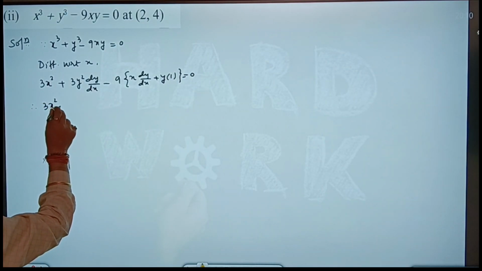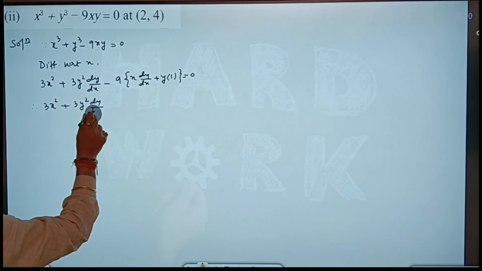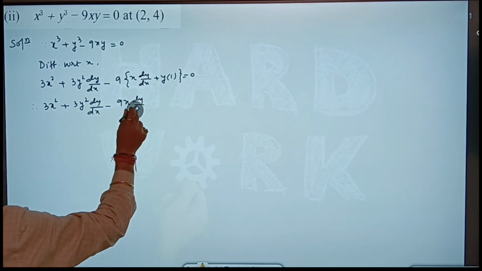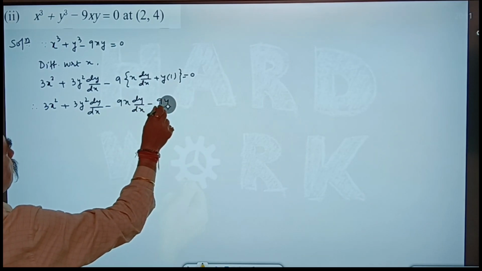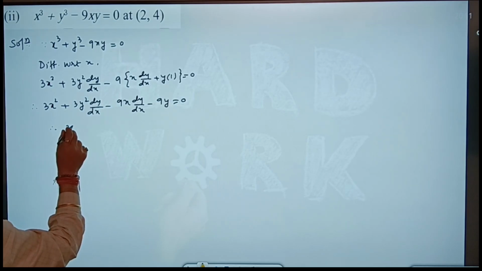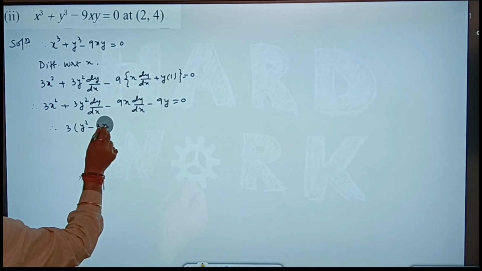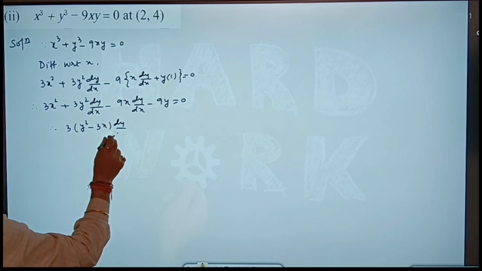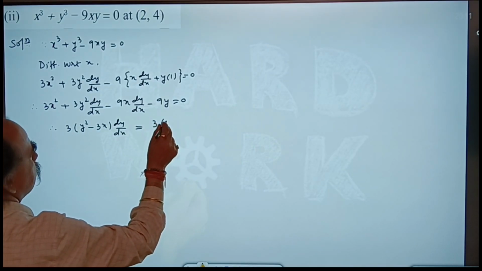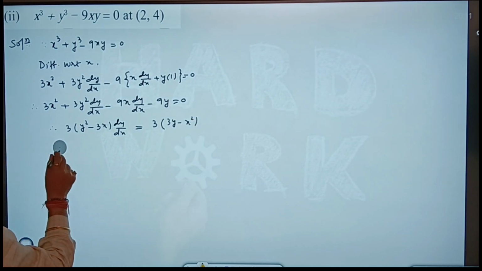So 3x square plus 3y square dy by dx minus 9x minus 9y. 3 times y square minus 3x dy by dx common is equal to 3 common 3y minus x square.